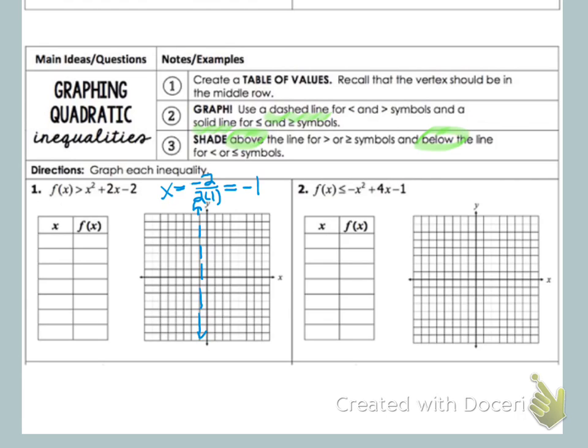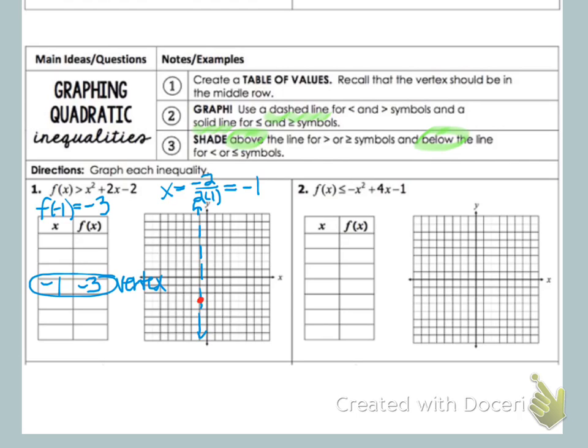Substitute that back in. So if I find f of negative 1 and I substitute that in, that's negative 1 squared, which is 1, plus 2 times negative 1, which is minus 2 then. So that's 1 minus 2, and that makes negative 3. And so I know my vertex is at negative 1, negative 3. That's my vertex right there.